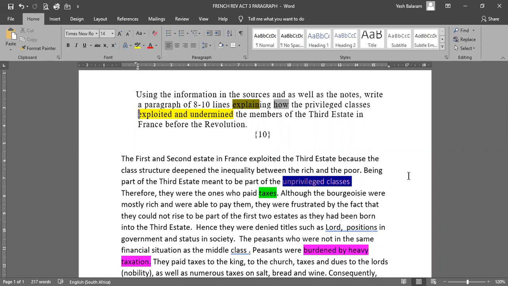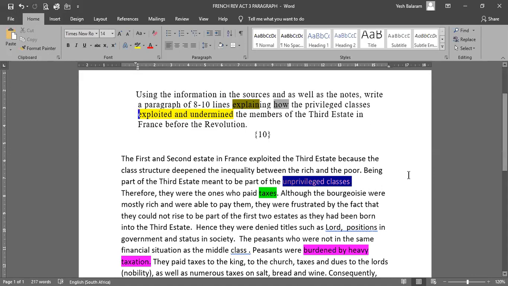So ask yourself, did you use the first aspect of answering a paragraph question, and that is expressing the key idea in your topic sentence by making a very strong or valid point? Your opening sentence must immediately reflect what is being asked in the question.